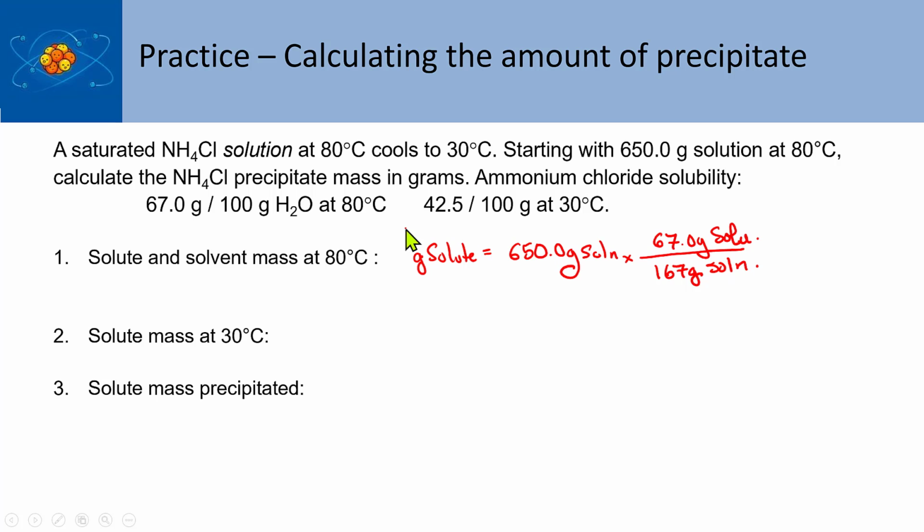Again, solution mass would be 67, this is the solute, and this is the solvent, and together, if you add them, that gives you your solution mass. So this gives me the mass of solute in the solution at 80 degrees. If you do the calculation, that comes out to 267.78 grams.